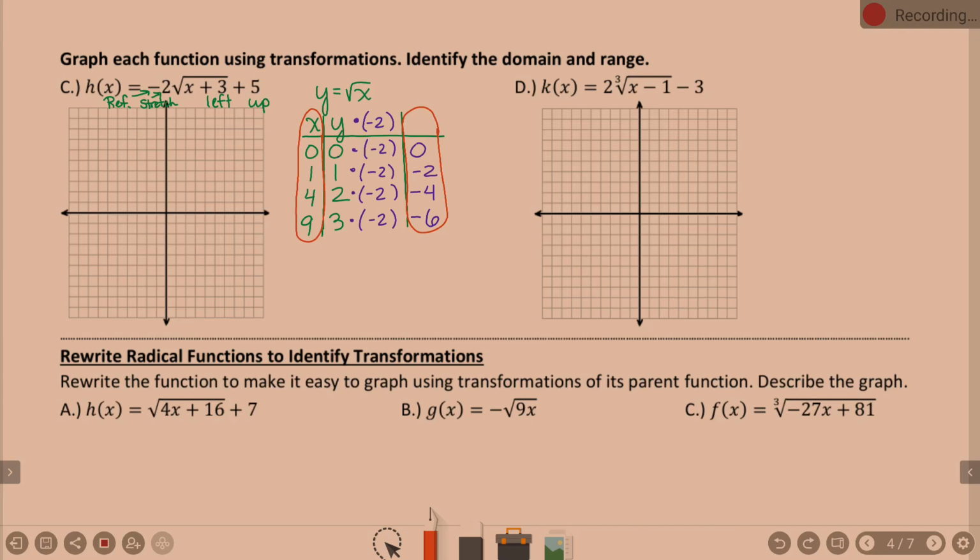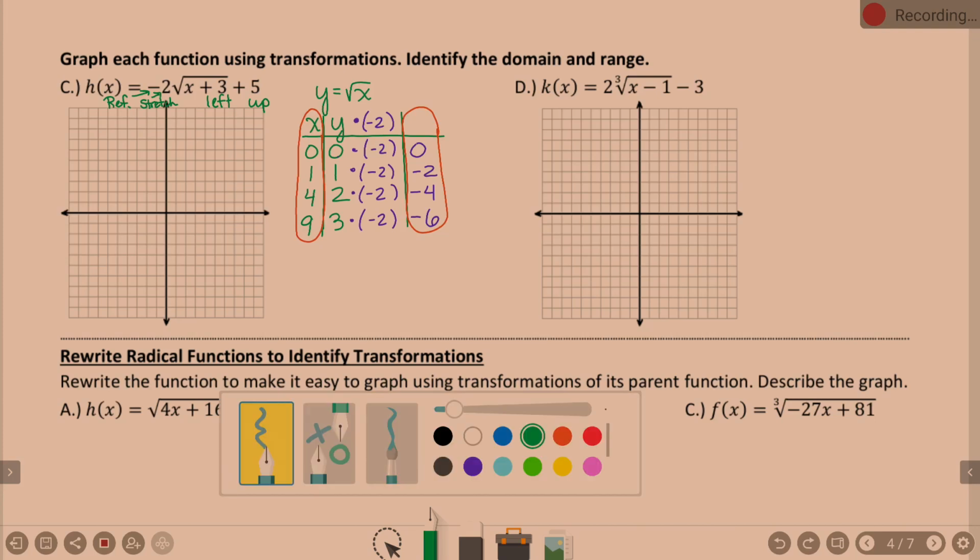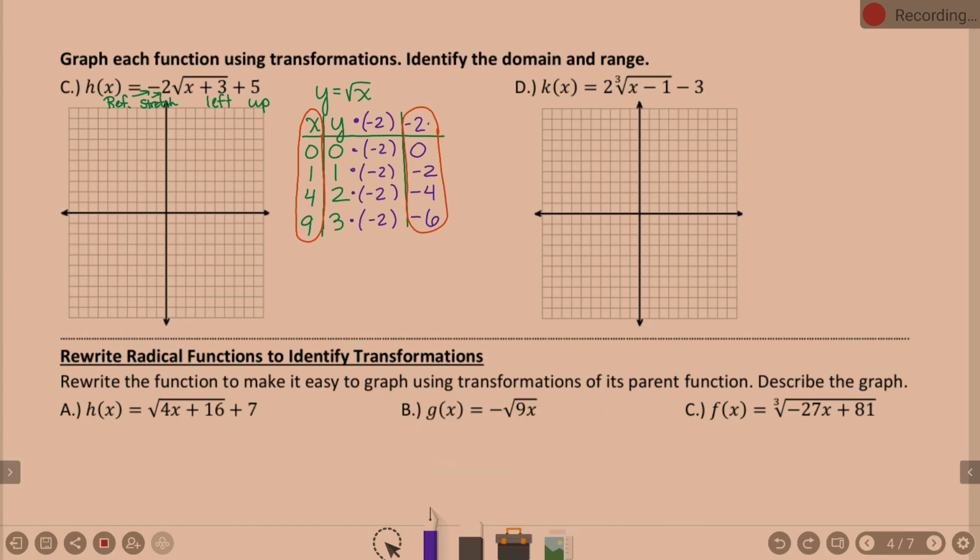We're going to use those two values, and those are our starting points. This column, I need to label it. It was taking our y and multiplying by -2. So I'm going to call it my -2y column. It's my y values times -2.